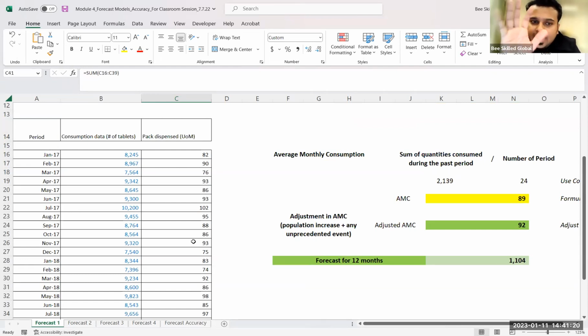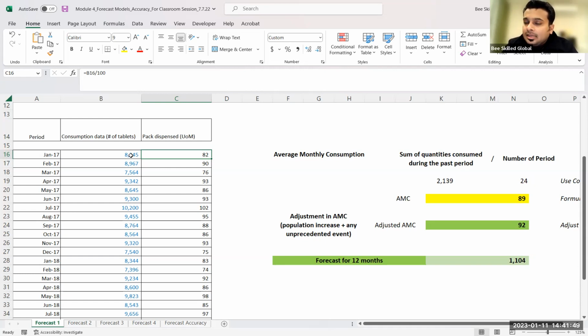This is actual consumption data which district X has collected directly from the service delivery points. So this is the number of tablets which were dispensed to the patients. Hence, 82 packs were used in January 2017 across district X.